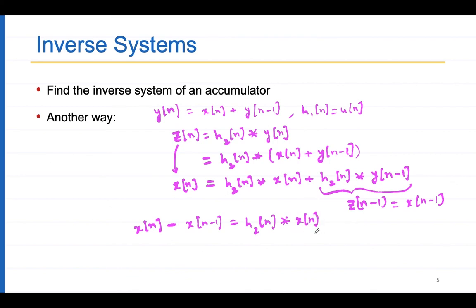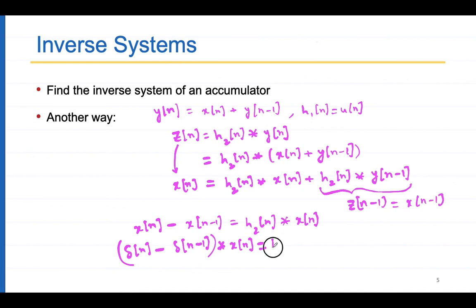Now you can directly compare the forms: h2 of n is unknown and x of n is known. So can I write it like this? This can be written as delta of n minus delta of n minus 1 convolved with x of n. This is simply a delay system.